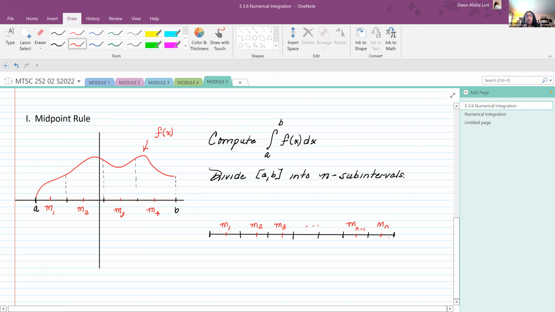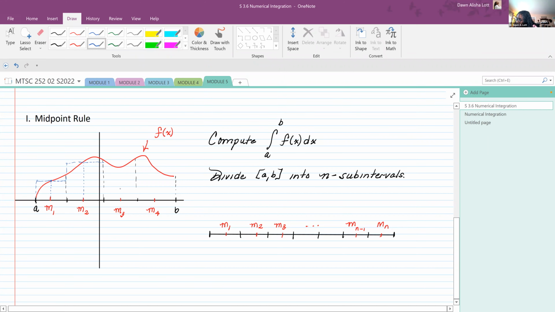So I'm going to find the n midpoints, and then go up all the way to f of that value. And then I'm going to draw a rectangle that has the same height as f of Mn. So I'm going to go up here, find f, and then go out to here like this. And now I have another rectangle.